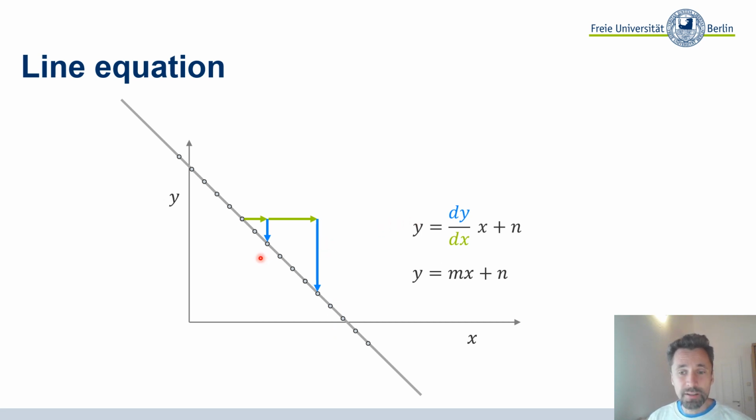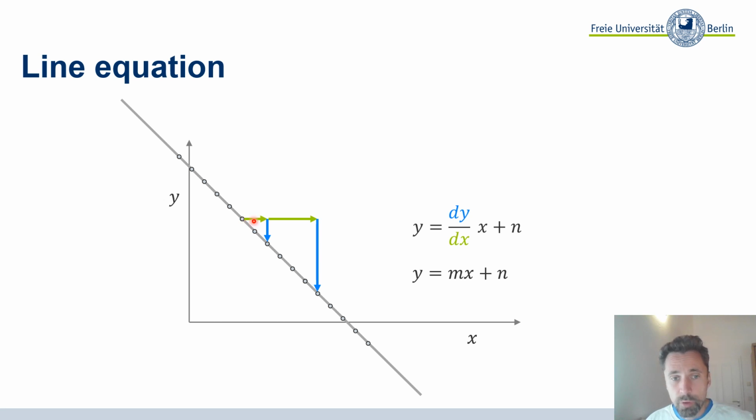A line really is defined by one central property, which is if you have a point on the line and you look at how much you drop to a given other point when you go a certain step to the right or to the left. So if you increase x a little bit, then you drop or you go up, depending on what the line is, to the other point.